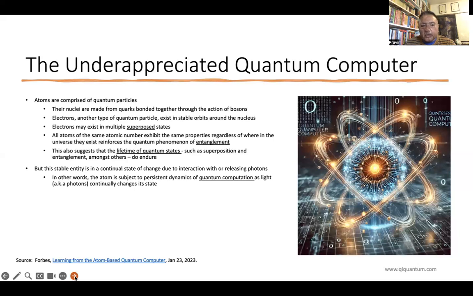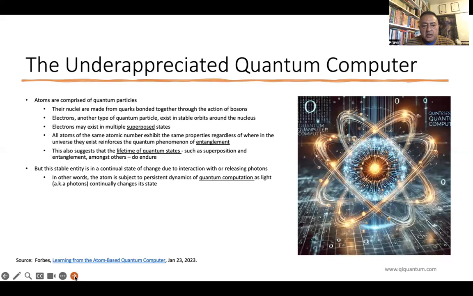We know that this atom is a stable entity, but also it's in a continual state of change due to interaction with or releasing of photons. So we can think about an input into this quantum computational device or mechanism being photons. Due to that, the state of the atom changes, and then there's an output of photons, or in some cases, electrons.